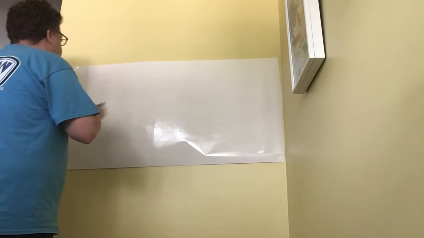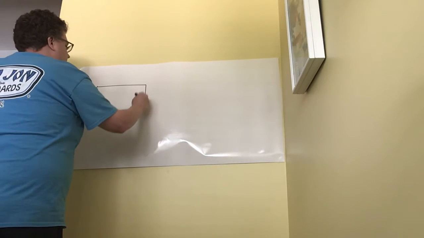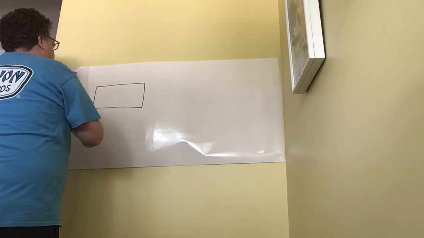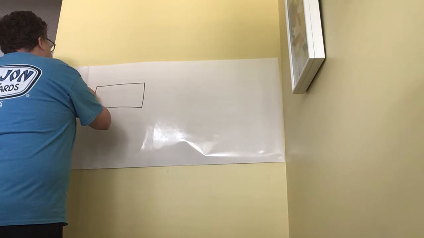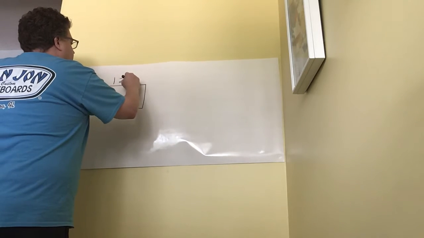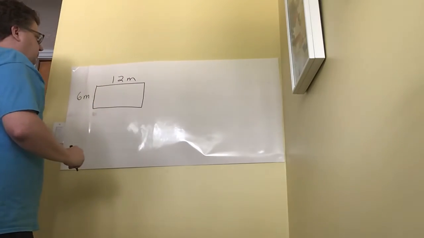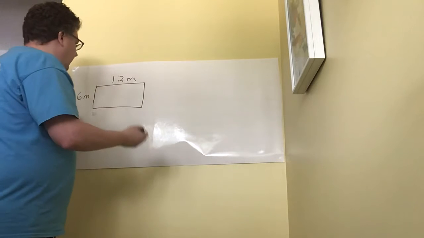So if I have a rectangle and my width is 6 meters, my length is 12 meters, okay? Now we're not calculating perimeter, we are calculating area.